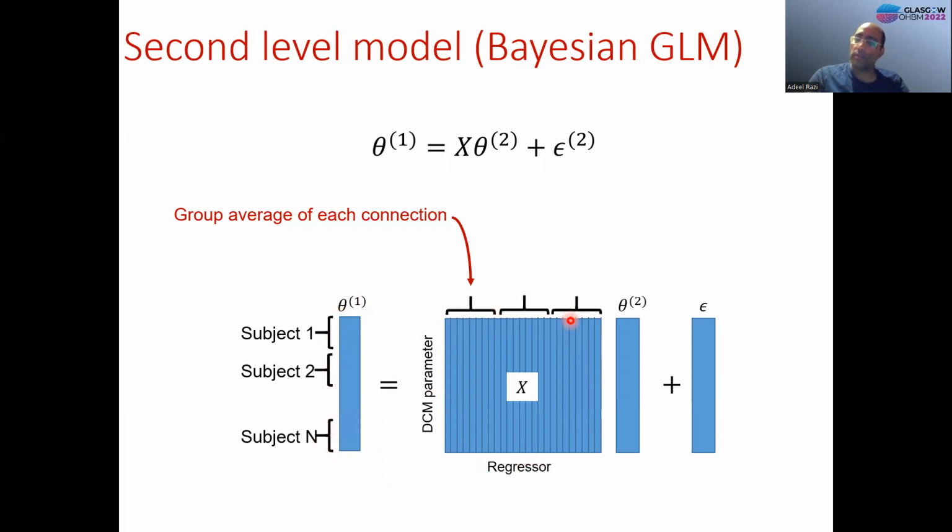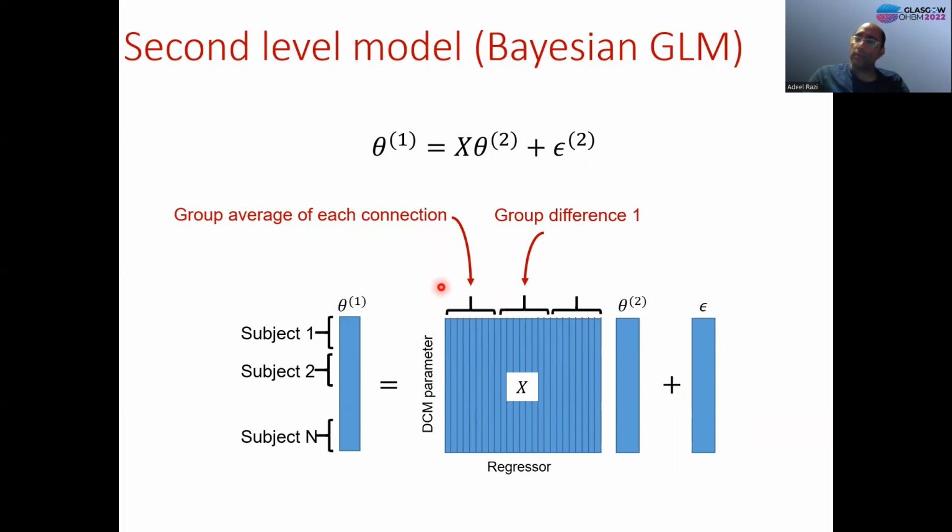You define your design matrix here. These are your model parameters at the group level that you are interested in, and here you have the between subject variance, these error terms.